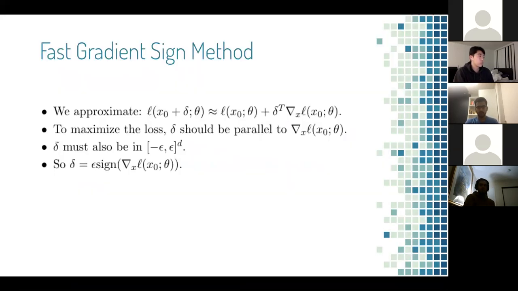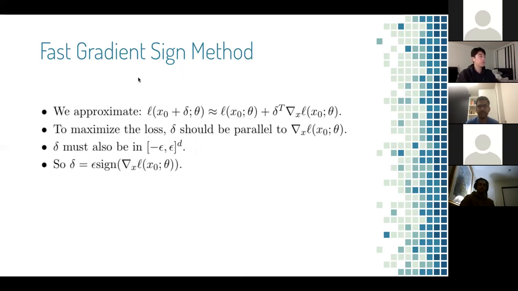So the way you would do this is a sort of modification of projected gradient descent. And this method is called the fast gradient sign method. And it'll soon become obvious why that's the name. So here we do something that's very often done in computing tasks. We make an approximation.